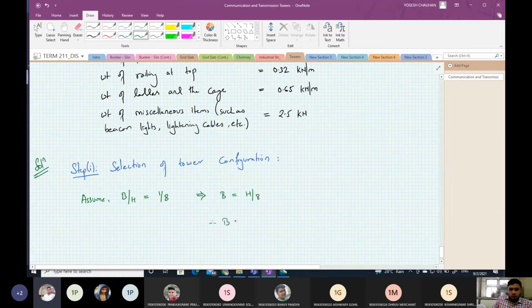Therefore, base width will be equal to 60 by 8, that is 7.5 meter.